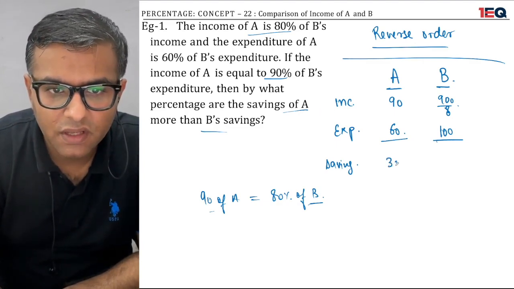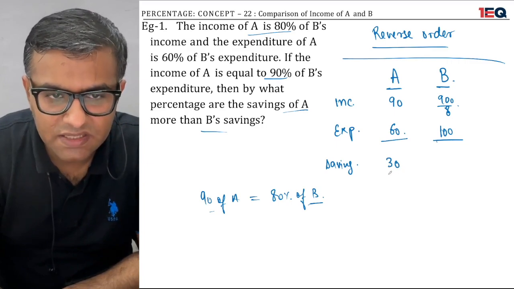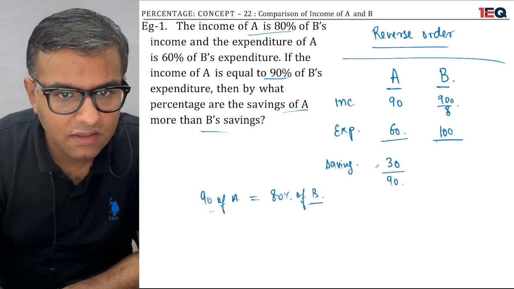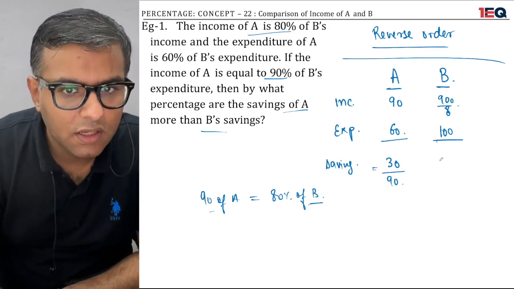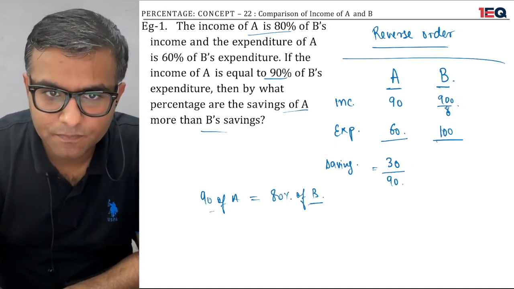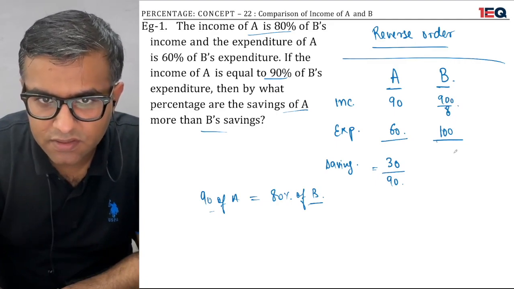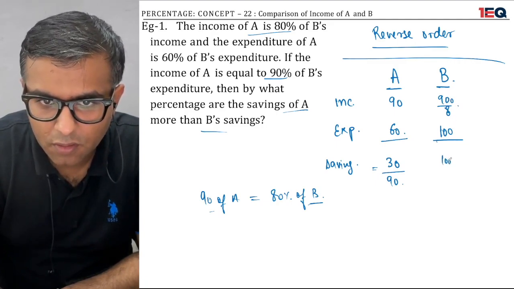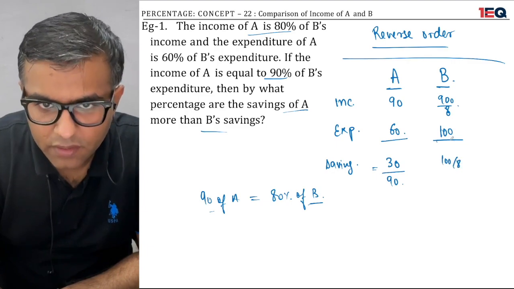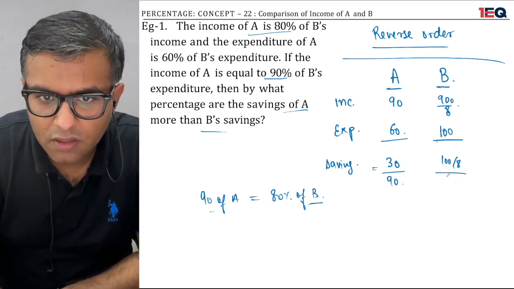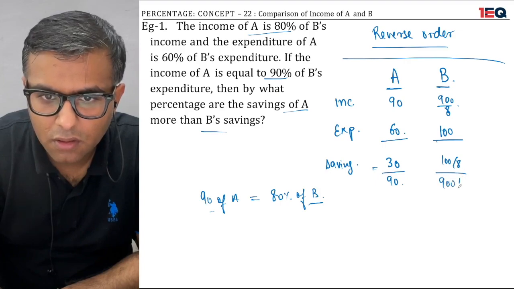The savings of A is 30, which is basically 30 divided by 90. Those are the savings of A. Then what are the savings of B? 900 upon 8 minus 100 is equal to 100 upon 8. So 100 upon 8, income minus expenditure, divided by 900 upon 8 again.